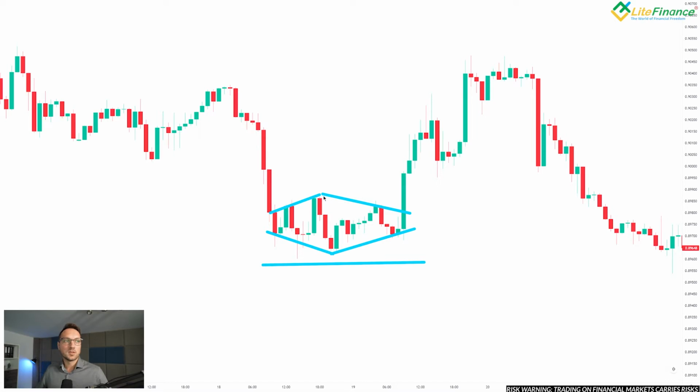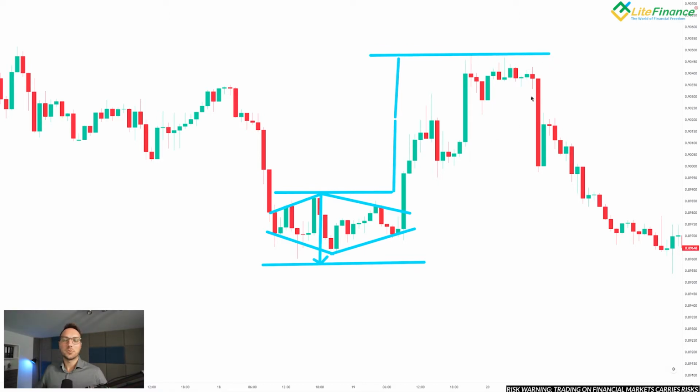So we can say 1R or 2R would be good for this example. So we have the highest level here, our stop loss over here, and we take this range. And yeah, 1R was profitable, 2R maybe.